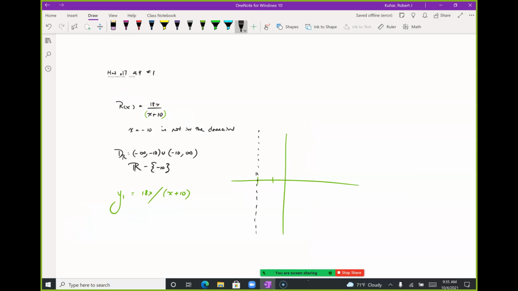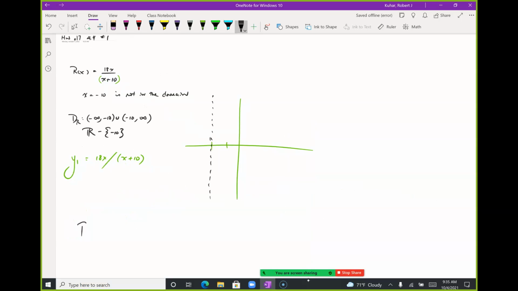I like to look at short-run behavior real quick here. So R of negative 10, this is Kuhar's short-run behavior trick. I'm going to plug in negative 10 where I can. I get negative 180 over x plus 10. Notice I can plug it in upstairs, but I cannot plug it in downstairs.